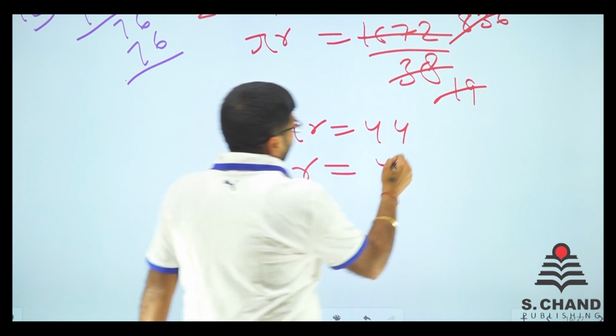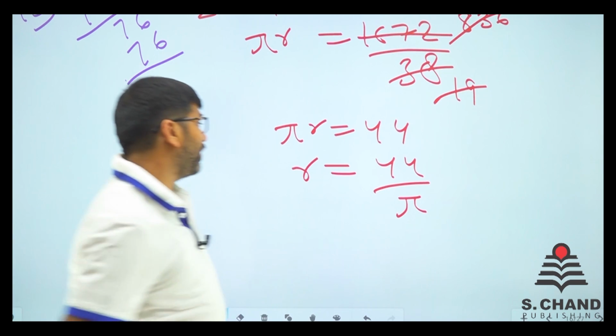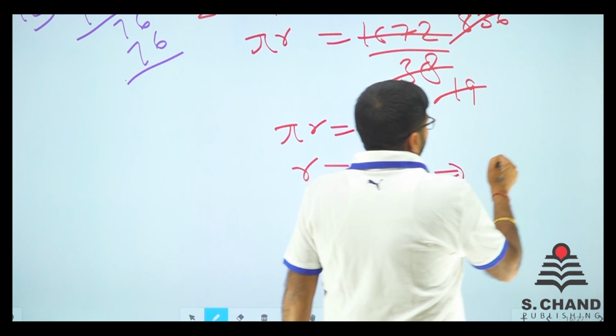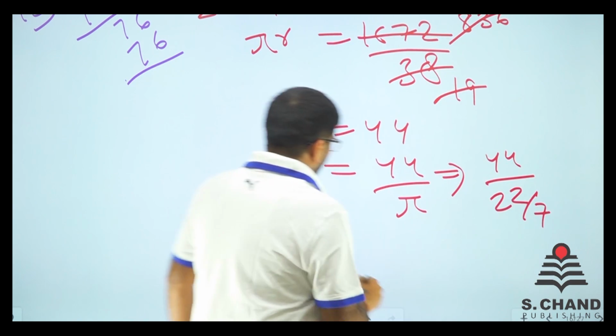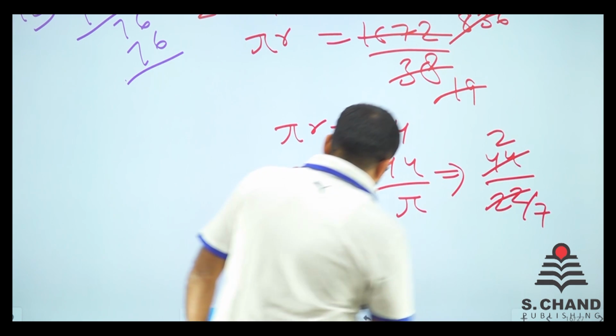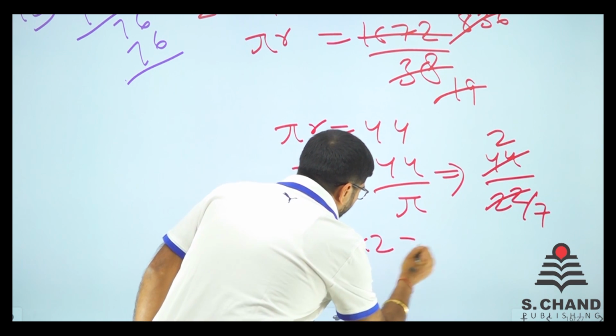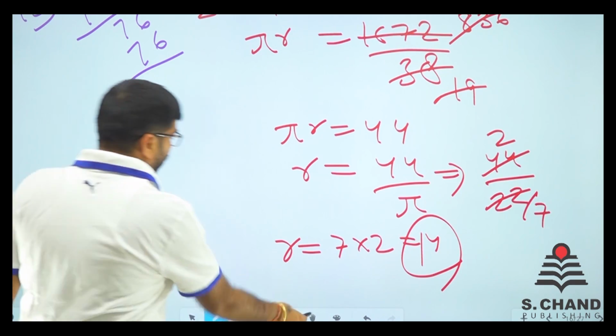Now r is equal to 44 by pi, and the pi value is 22 by 7. So we put 44 divided by 22 by 7. So we have got r is equal to 2, so 7 into 2 is equal to 14. Now we have r as 14.